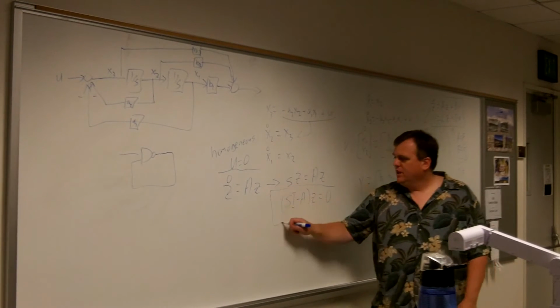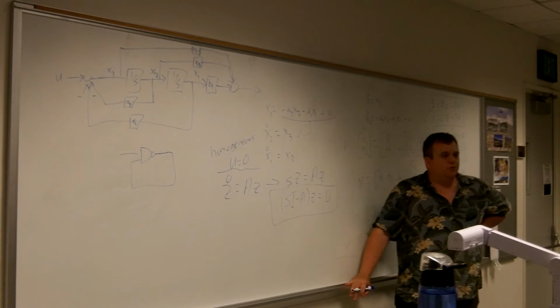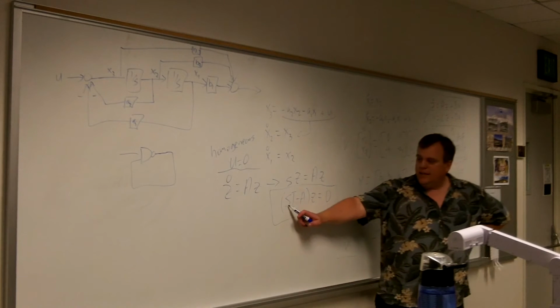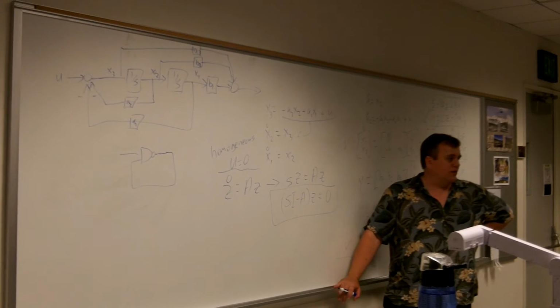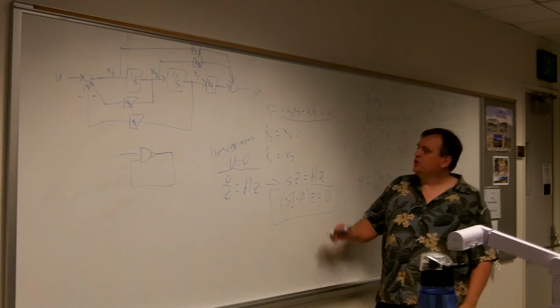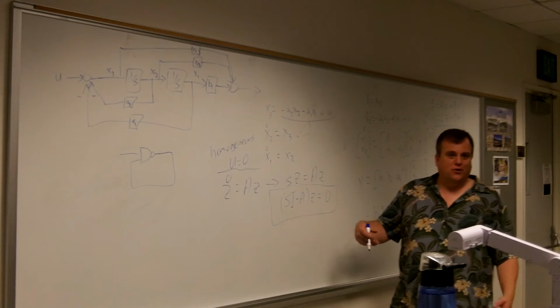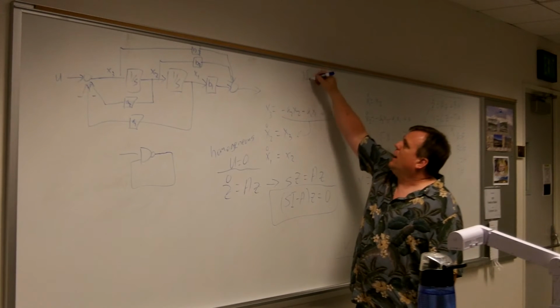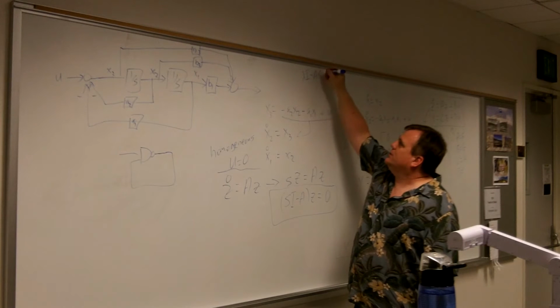At this point, people ought to recognize this if you've done any matrix theory at all. That's an eigenvalue eigenvector equation. S is your eigenvalue, Z is your eigenvector. It's usually written with lambda for your eigenvalue and x for your eigenvector, but the equation for eigenvalues and eigenvectors is this.